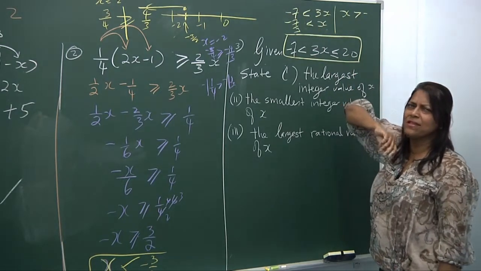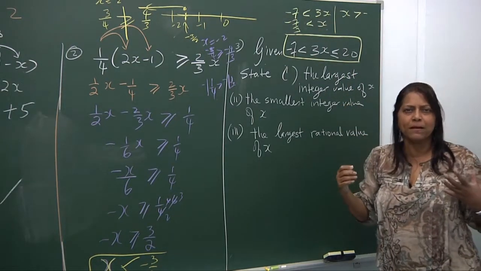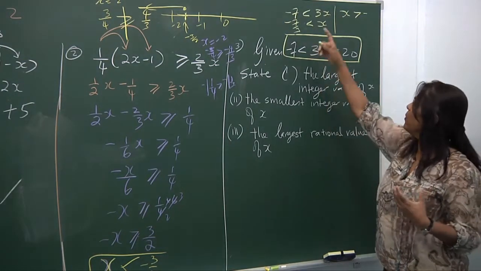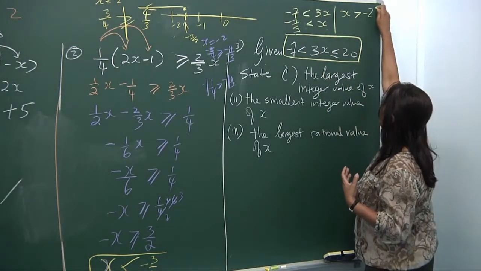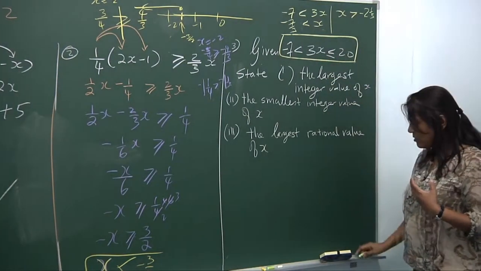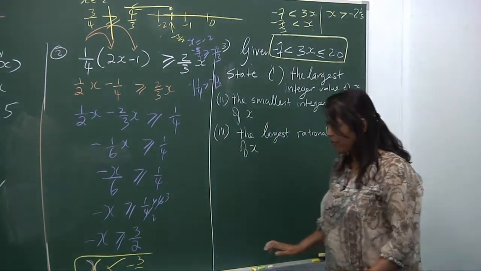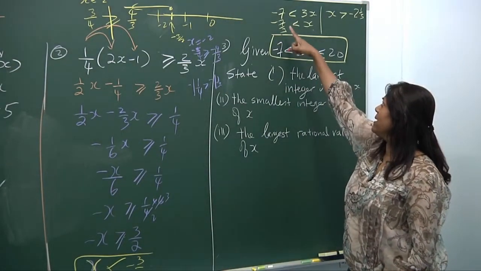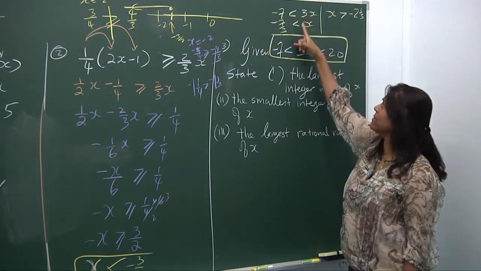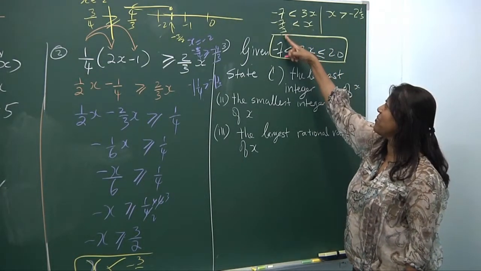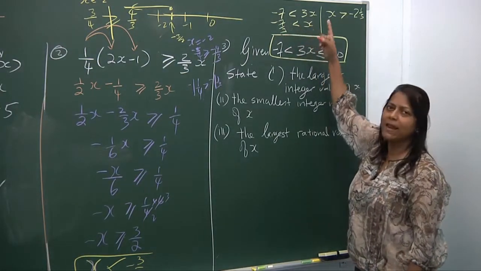And minus 7/3, if you put it into a proper mixed number, will be minus 2 wholes and 1/3. x is bigger than that. And then the next condition, let me look for red chalk. Again, minus 7 is smaller than 3x, so we divided by 3 and get minus 7/3 is smaller than x.